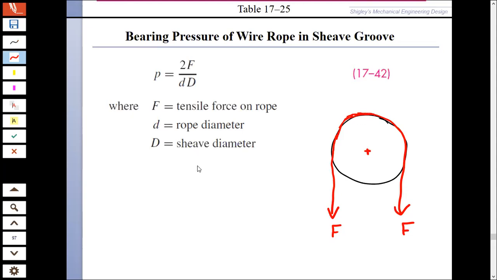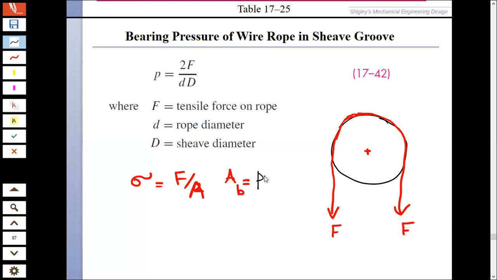So what is the bearing stress? देखिए stress is always equal to F by A. ठीक है जी, F by A के बराबर होता है. Now what is the bearing area over here? हमारे पास bearing area क्या होगा? What is the bearing area?